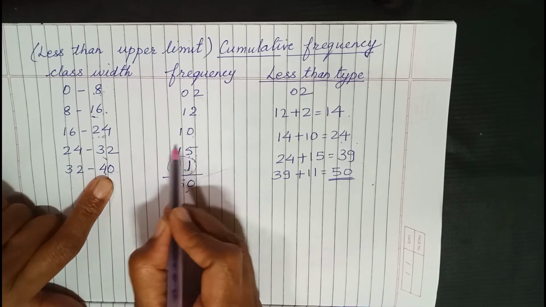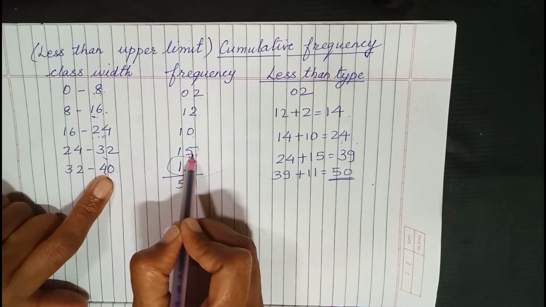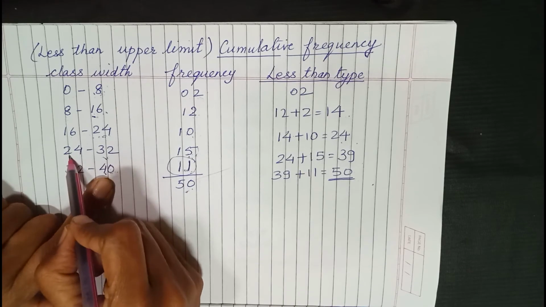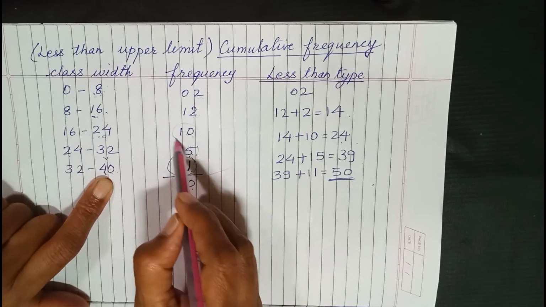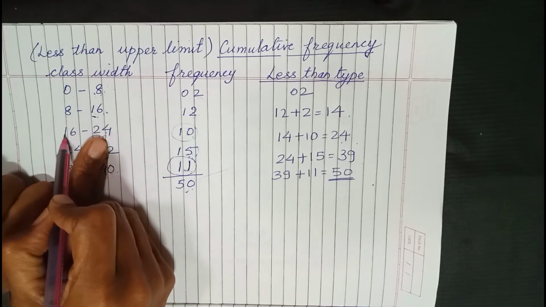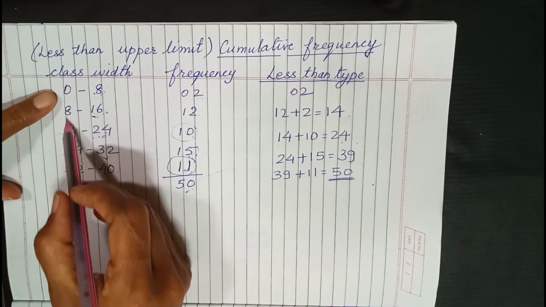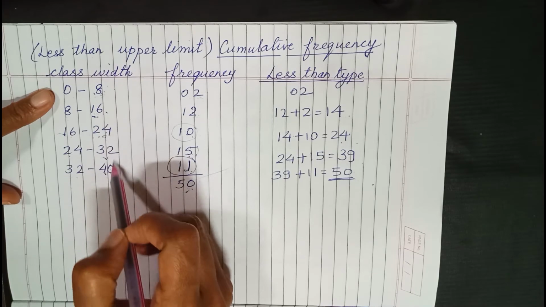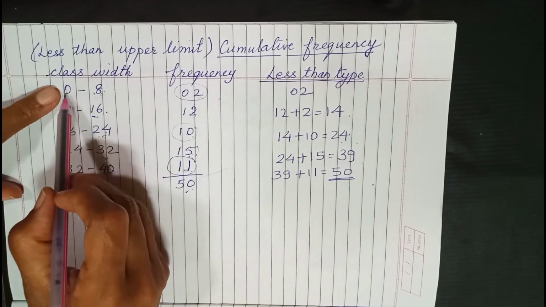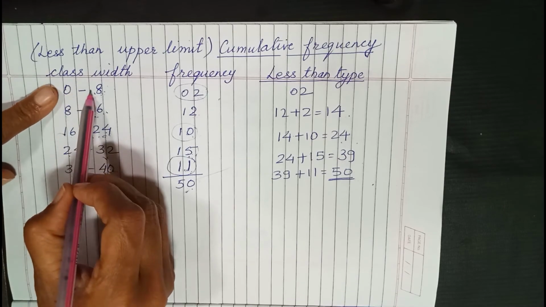That means if I have frequency 15, all these 15 scores are less than 32, but equal to or more than 24. Similarly, this 10 is definitely less than 24, but it is equal to or more than 16. The lower limit is included, but the upper limit is not included. So these two frequencies mean that the score must be from 0 to 7.